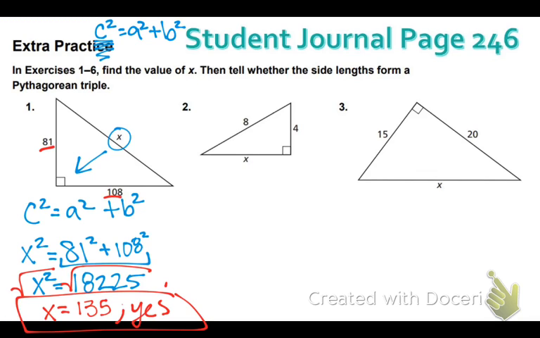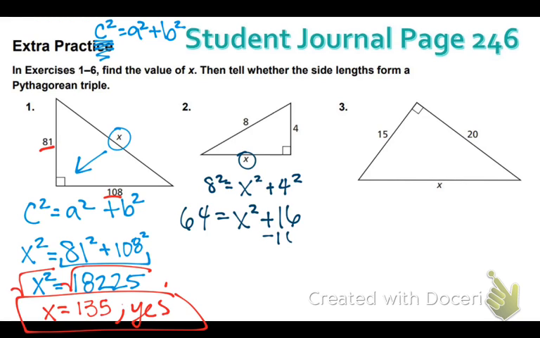Are we missing a hypotenuse or a leg? Leg. The leg. So you're going to do 8 squared equals x squared plus 4 squared. What is 8 squared? 64. 4 squared is subtract 16.